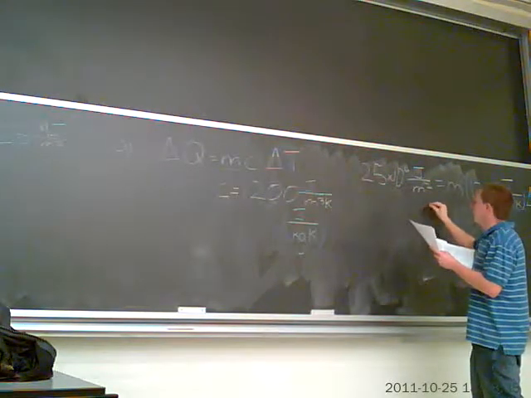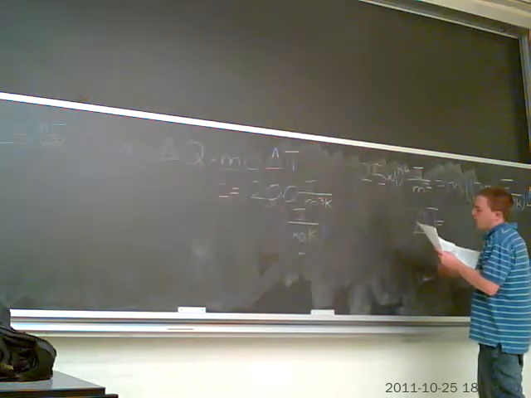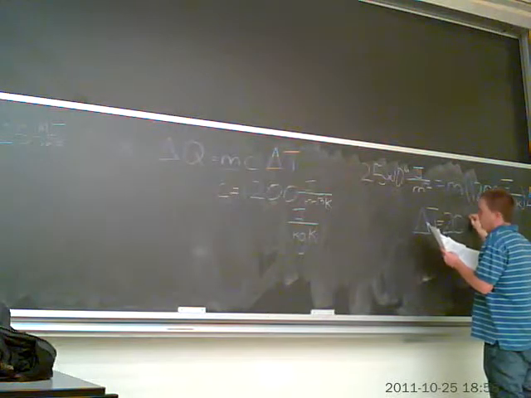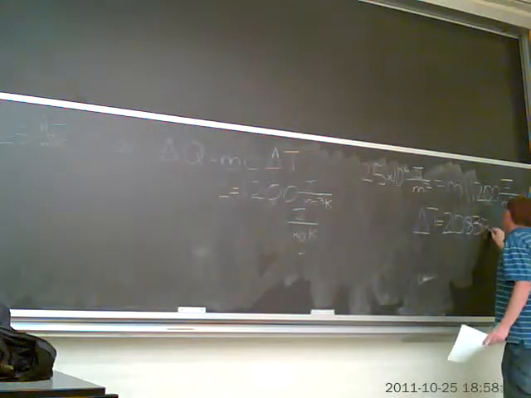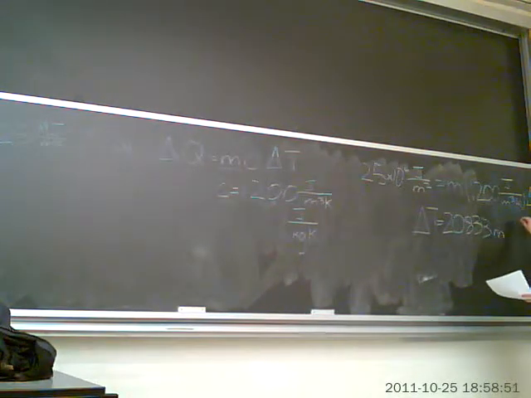Looking at it on my test, with no clue what I'm doing, I'm going to cancel some things out and divide these numbers. I'm going to end up with delta T equal to that value, and its units are actually going to be meter Kelvin.